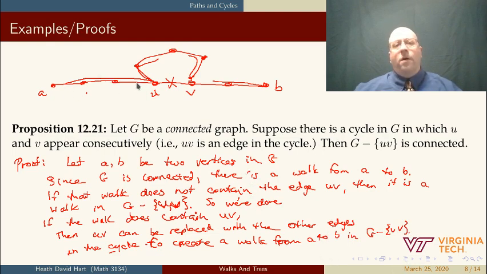This walk that goes the long way around from U to V does not use the edge UV, and so we can still get from A to B in this graph even after the edge has been deleted. And therefore, in both cases, we have a walk from A to B, and so G minus the edge UV is connected. Okay?